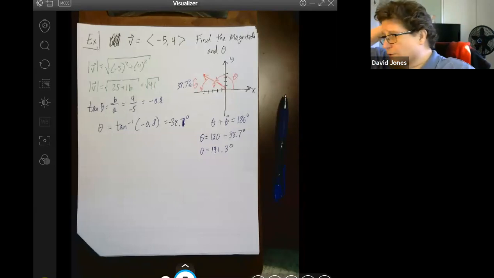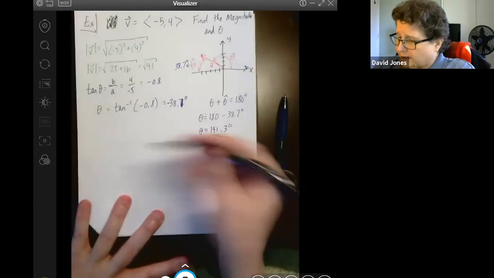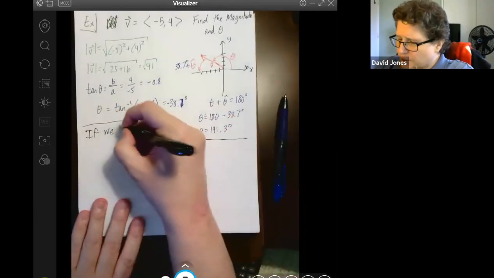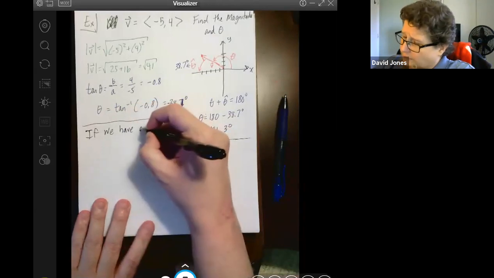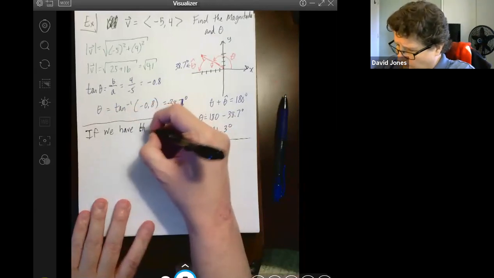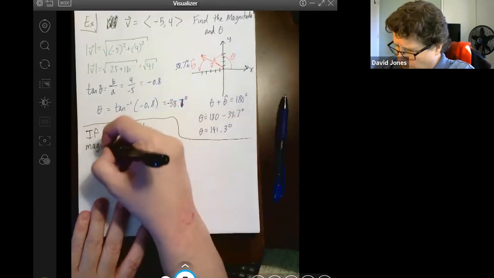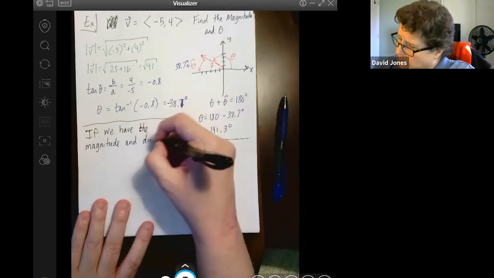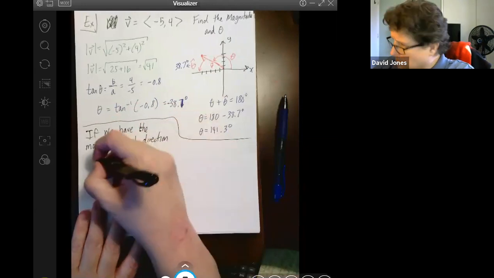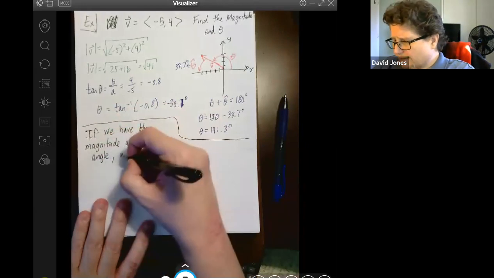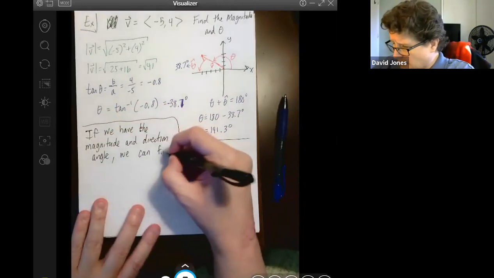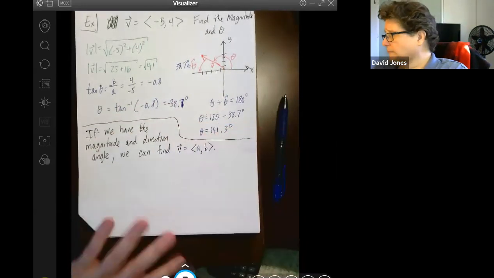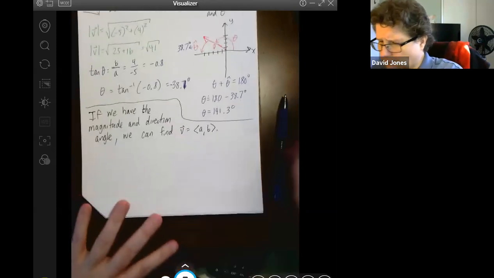Now, we can go the other direction. Let's take a look at what else we can do. If we have the magnitude and angle, we can find V. How?